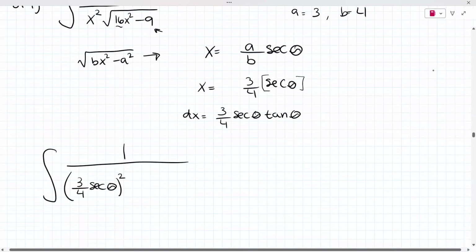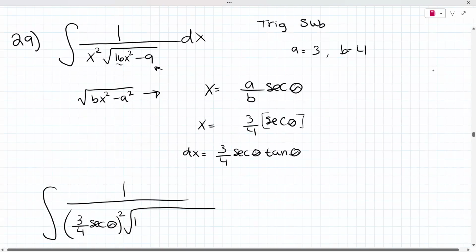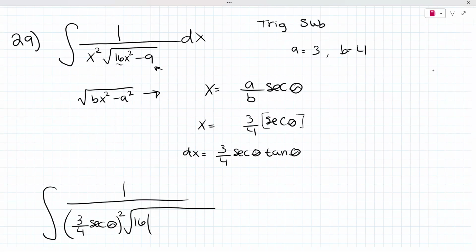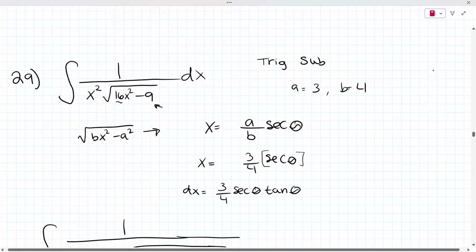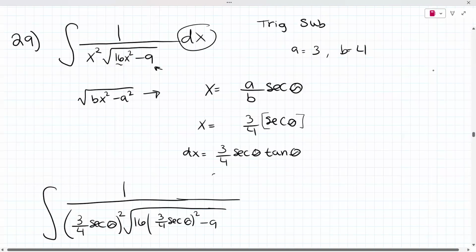And then it's going to be times the square root of 16 x squared, which is 3/4 secant theta squared minus 9. And then replace our dx with 3/4 secant theta tan theta.